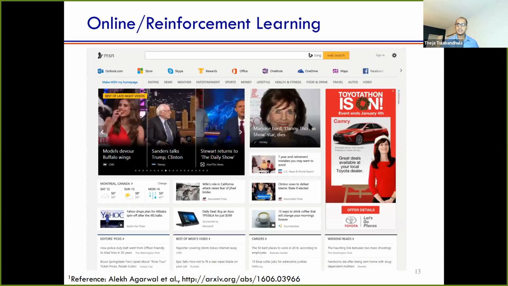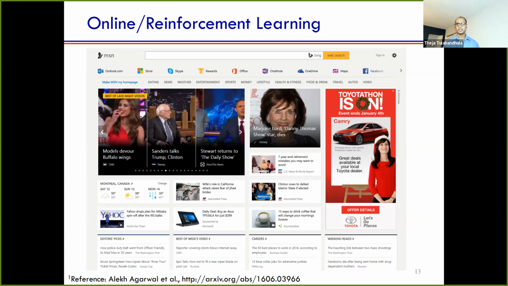Let me switch gears and talk a little bit about reinforcement learning. Here's an example in the web domain. The business problem is that here's a web property, and Microsoft wants more folks to stay on the web page and spend more time on the articles.